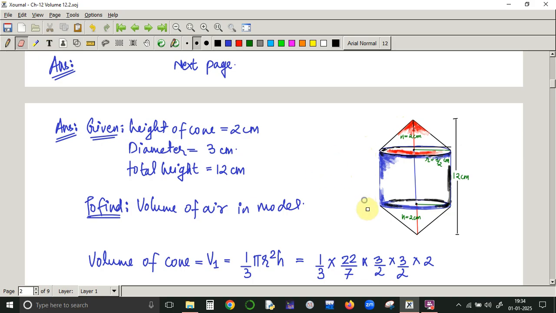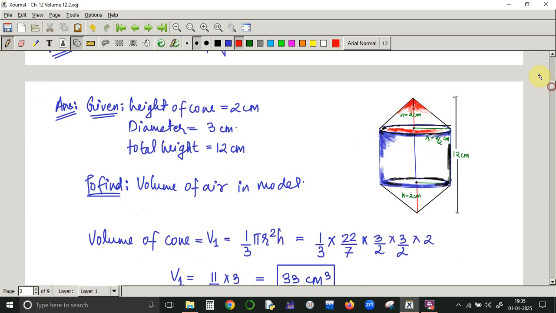So we have to find how much air this model can contain. So simply we have to find the volume of cone. Then there is a similar identical cone in the bottom. Just multiply it by 2 and add the volume of cylinder. That's the idea behind getting the volume of this solid.